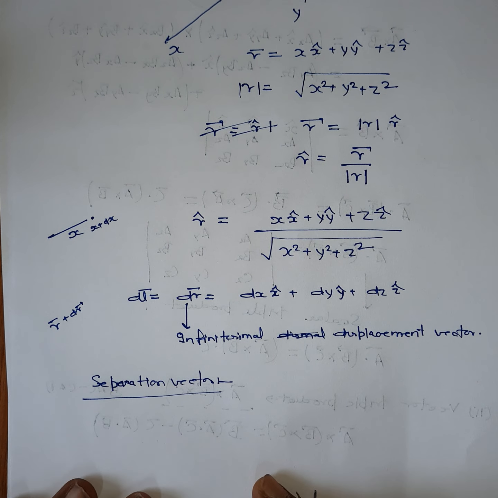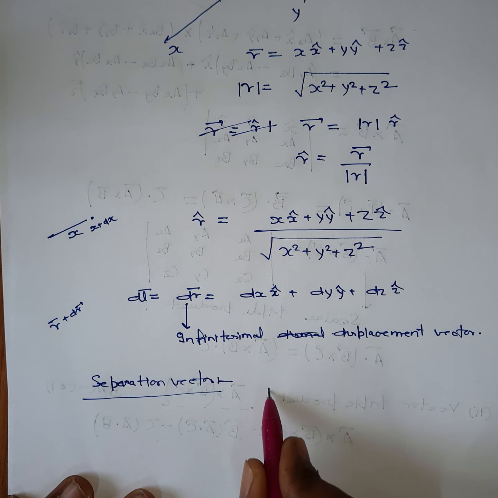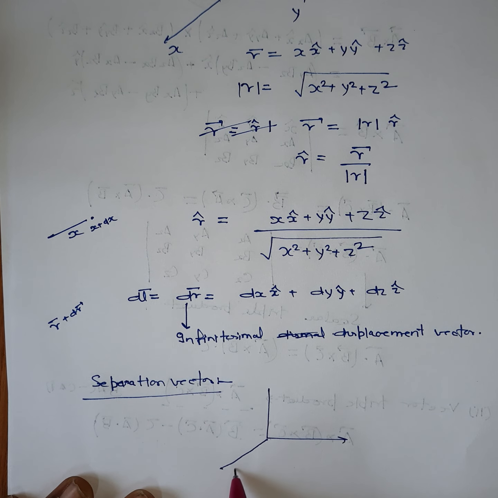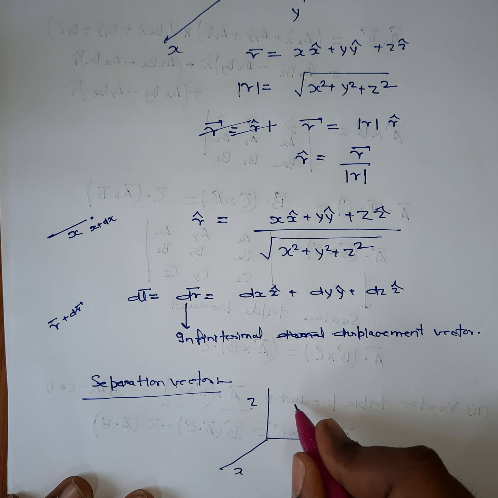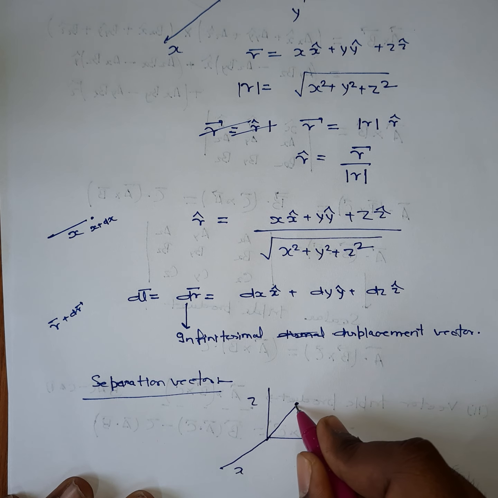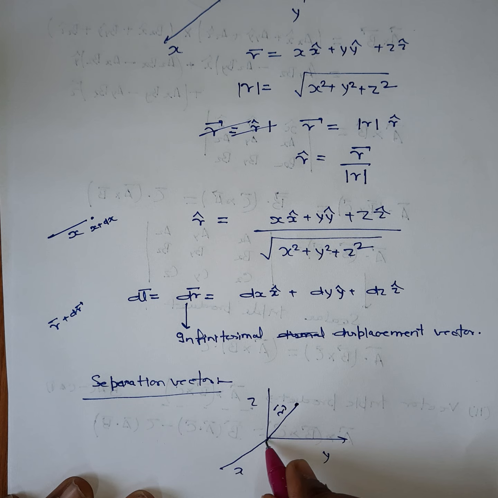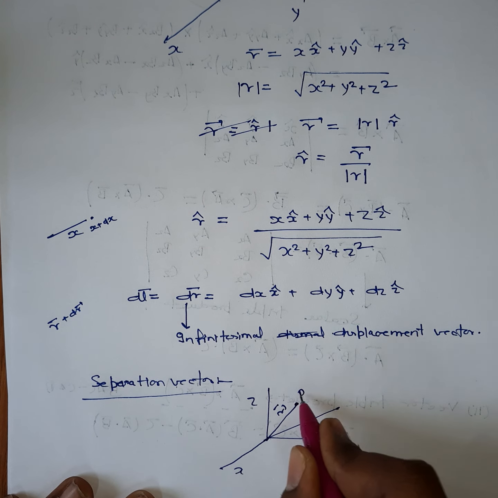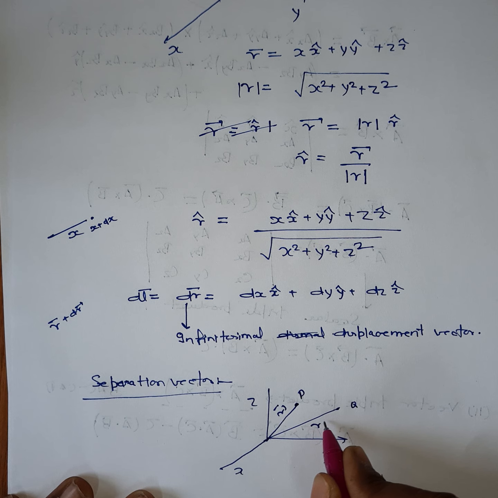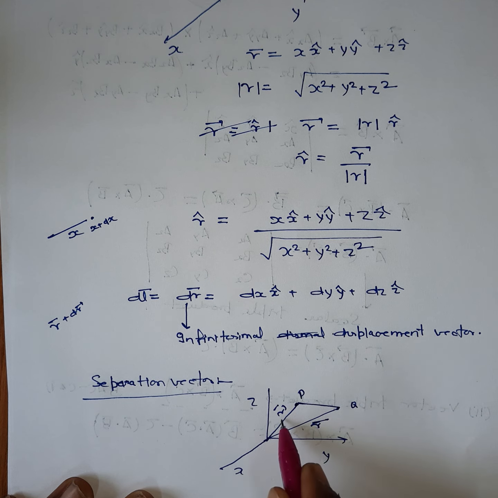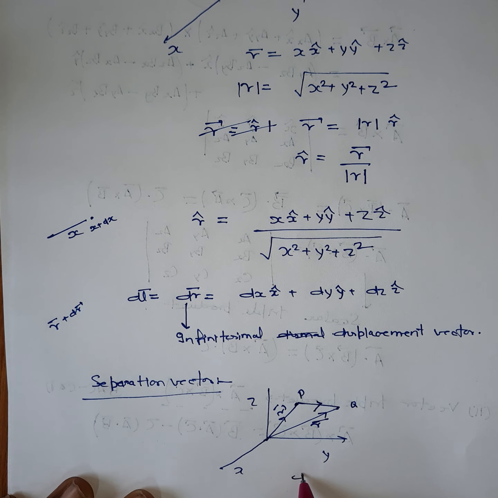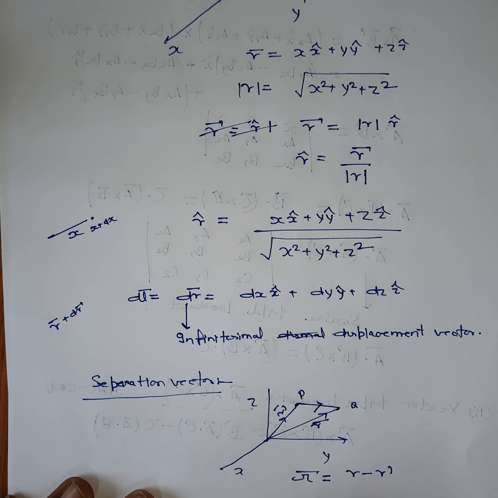Now let's discuss separation vectors. Suppose let's first draw the coordinate axes, x, y and z. This is your r dash vector and this is some point, suppose this is p and this is q, and this is your r vector. So the separation between them, this is this direction, this is this direction, so the separation between r dash and r vector can be written, suppose denoted by this symbol, as r vector equal to r minus r dash.